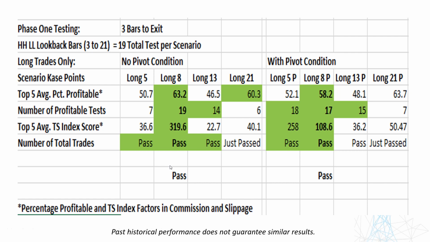But these 8 tests include a factoring in of commissions. This test was trading 2 contracts. I was factoring in the commissions and the slippage for 2 contracts, based on the fact that this strategy generates market orders, stop market orders. So the results you're seeing here are actually the results with that factored in. That's really important to think about.